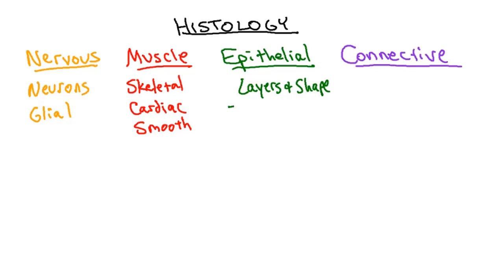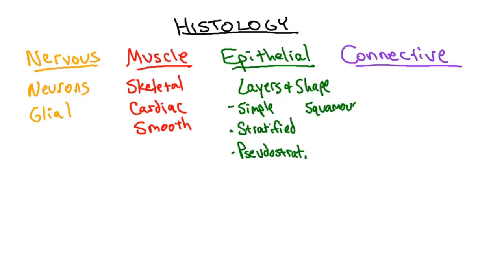So layers are simple, stratified, or pseudostratified, and their shape is squamous, which is flat, cuboidal, or columnar.